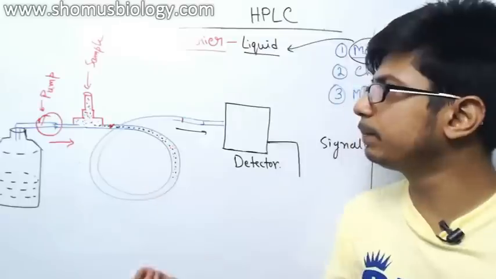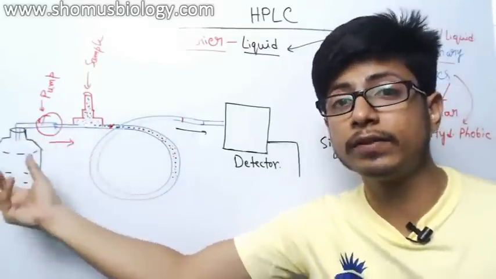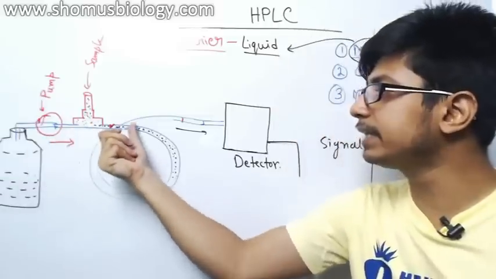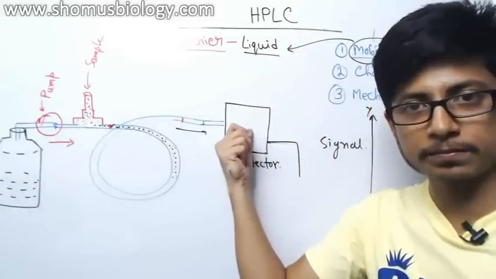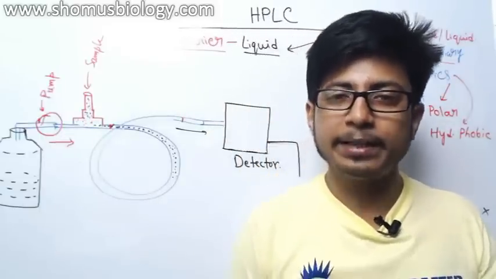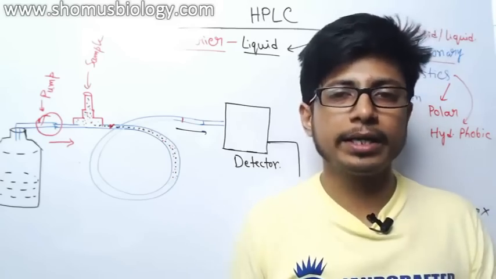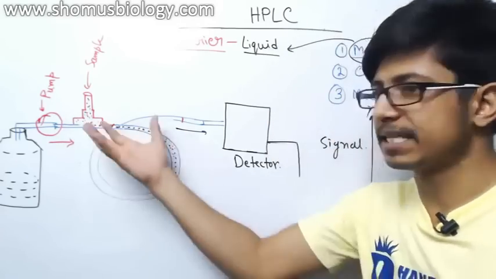We simply allow the sample to interact with the carrier and dissolve in it, and then the carrier carries the sample through the stationary phase, and ultimately it reaches the detector. So we can separate proteins, lipids, and any other organic, cellular and biological molecules as a sample.